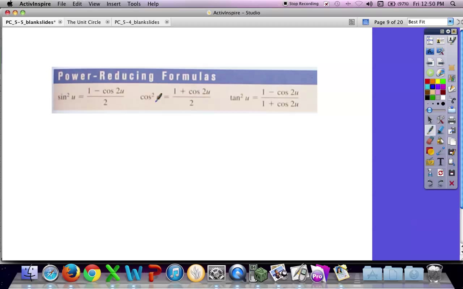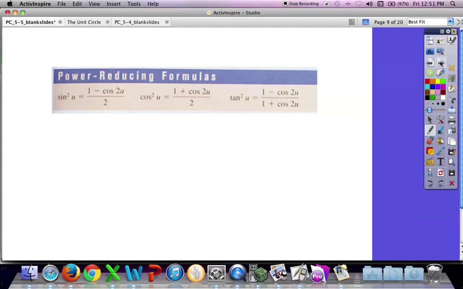So notice the difference here. We actually don't have cosine squared of x, right? We got cosine squared of 2x. So what's important here is that this angle is twice that angle. So since we're starting with 2x, we're going to be making a cosine of 4x. It'll be double what it started with. So by reducing the power, this angle is being doubled.